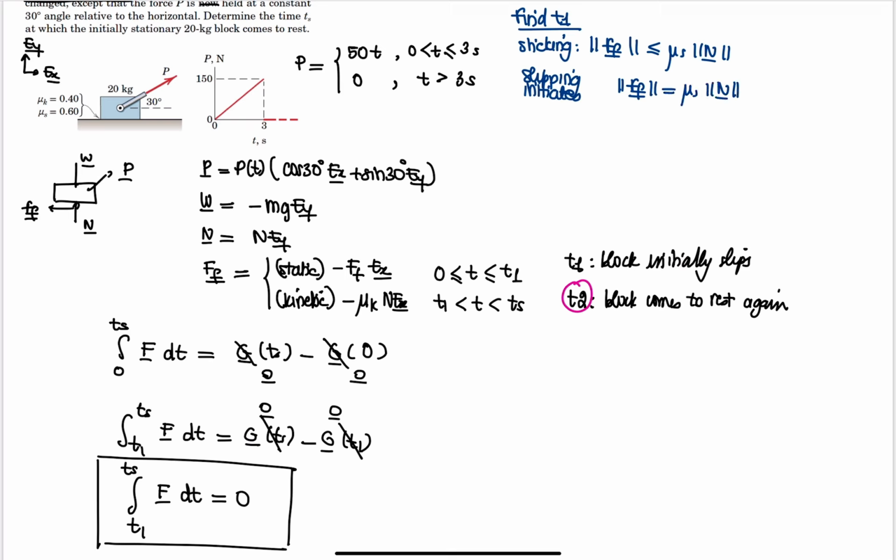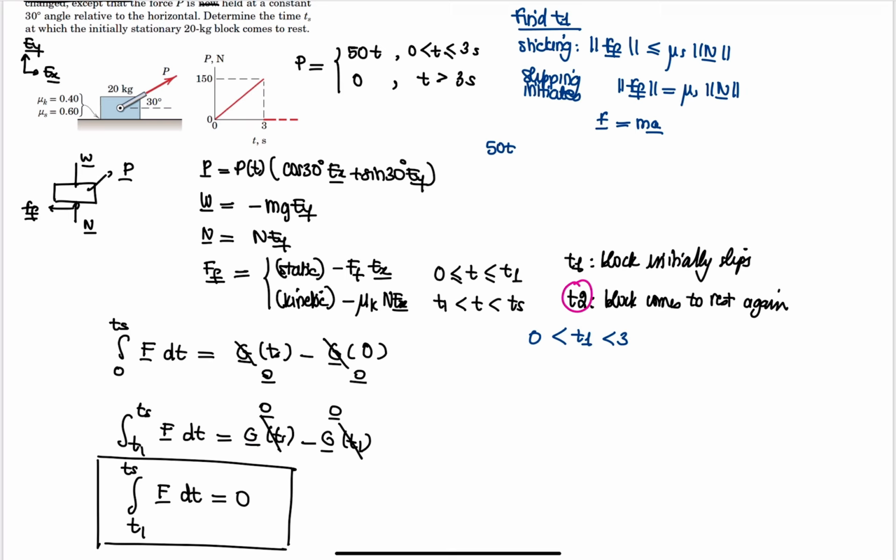Okay, let us write F equals ma. In this situation, F is P, which is 50t. So I'm assuming that the time T1 at which slip initiates is between 0 and 3 seconds, which physically makes sense. If the block is going to slip, it's going to slip when P is applied to it. Then we will solve for T1 and double check that it is in this interval.